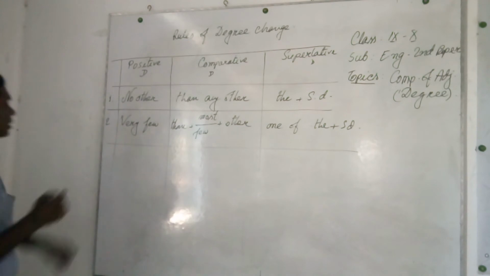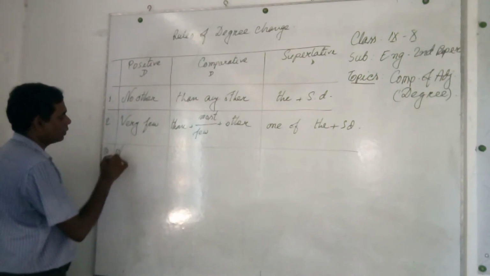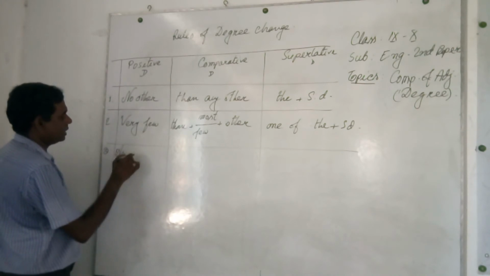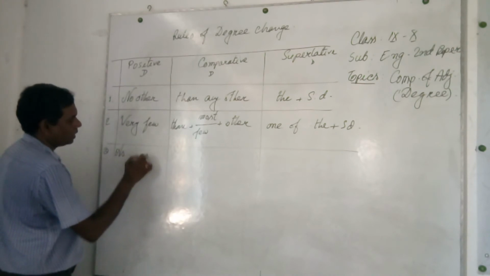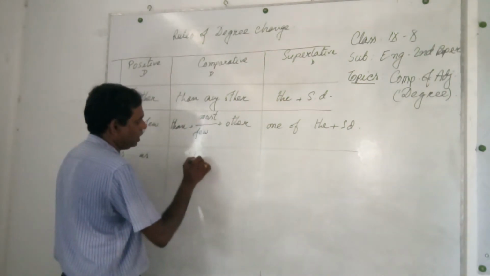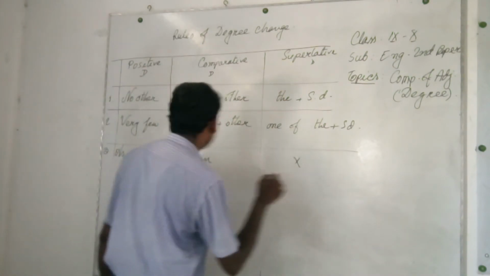Last and third rule, number 3: in the positive degree it uses as dot dot as, in the comparative degree only than, and superlative is nothing.